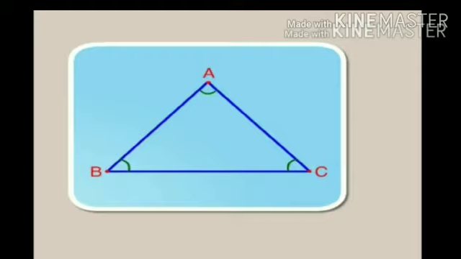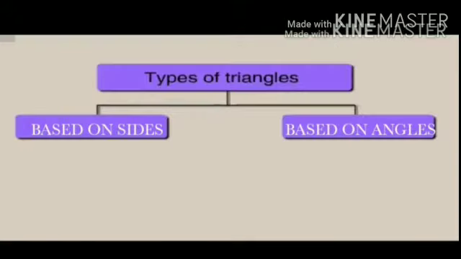In the previous class, you had learned about elements of the triangle, that is, sides and angles. And you also know the types of triangle. As we know, there are 6 types of triangle, in which 3 are based on sides and another 3 are based on angles.